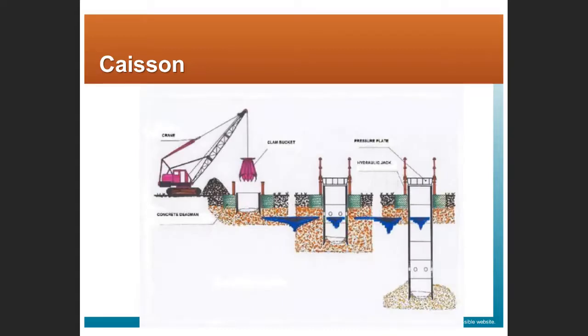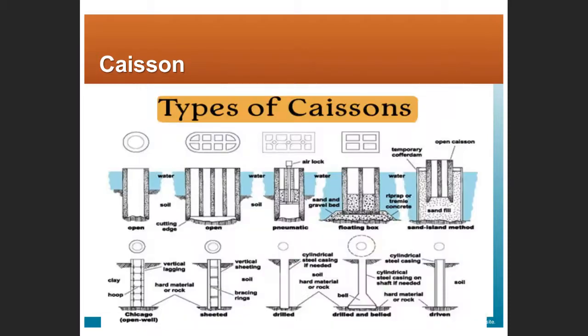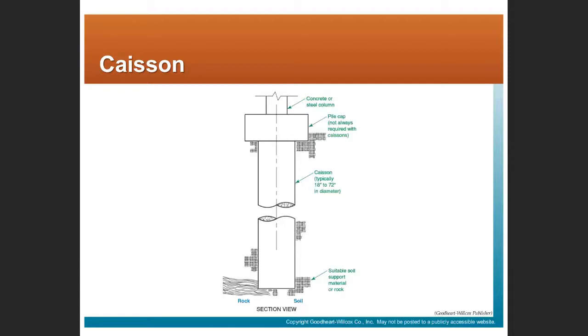So in this case, we're digging or drilling a hole, putting in formwork and putting concrete in the caisson. A lot of different ways to do this. And again, that's figure 10-10 from the book.